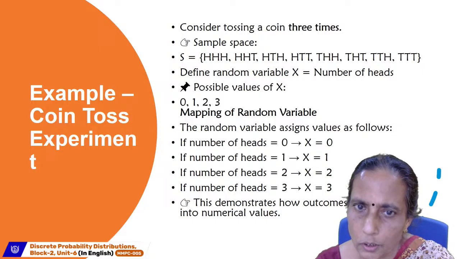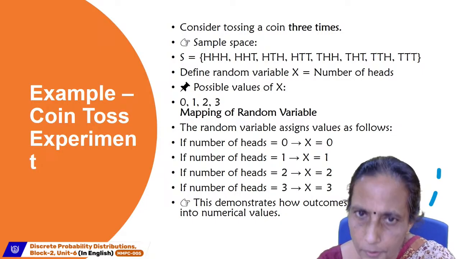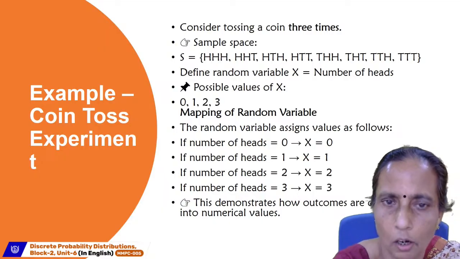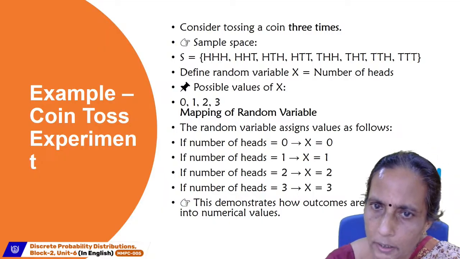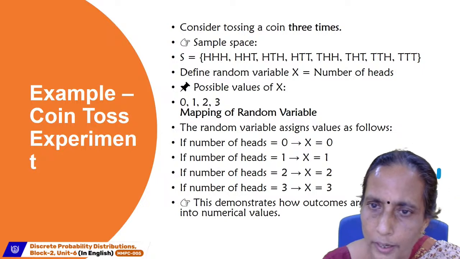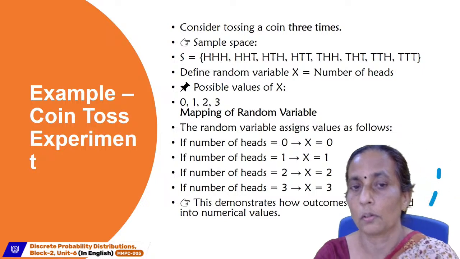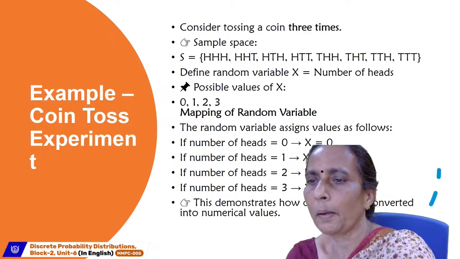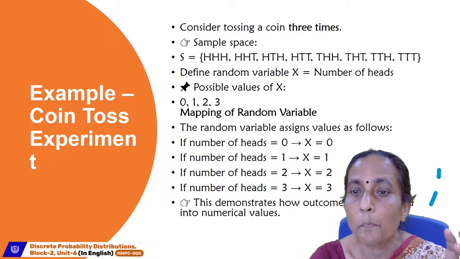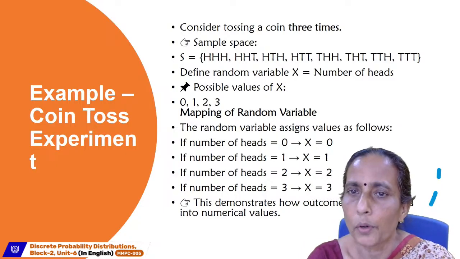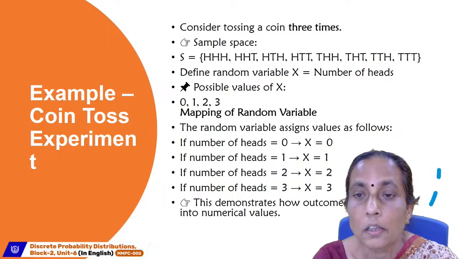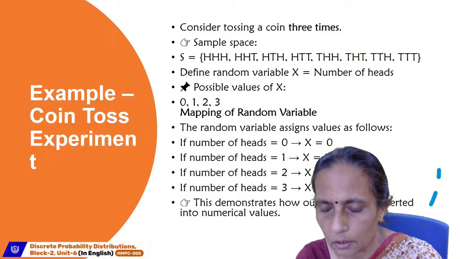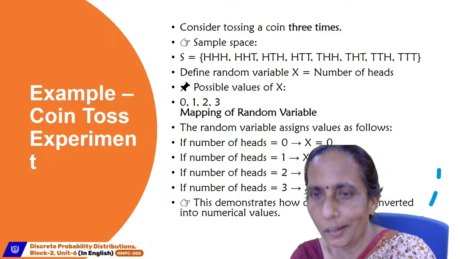Then we may get all heads, or maybe 2 heads and 1 tail, and so on. So the sample space has 8 possible outcomes when we consider one coin tossed 3 times.